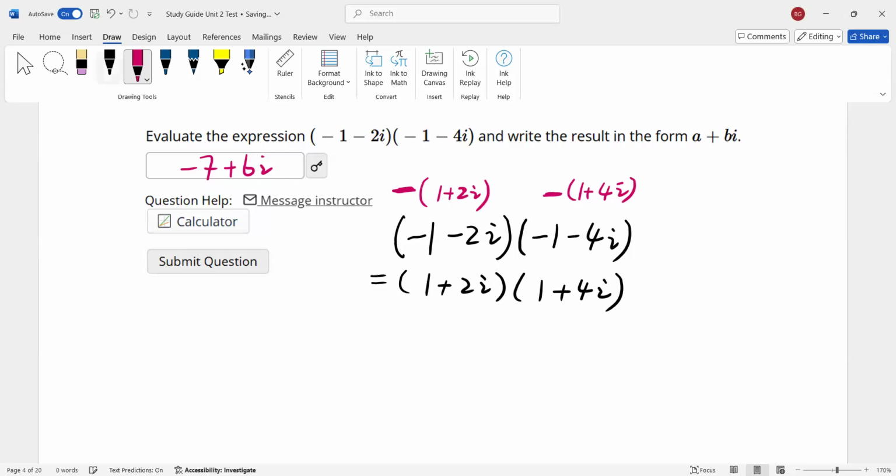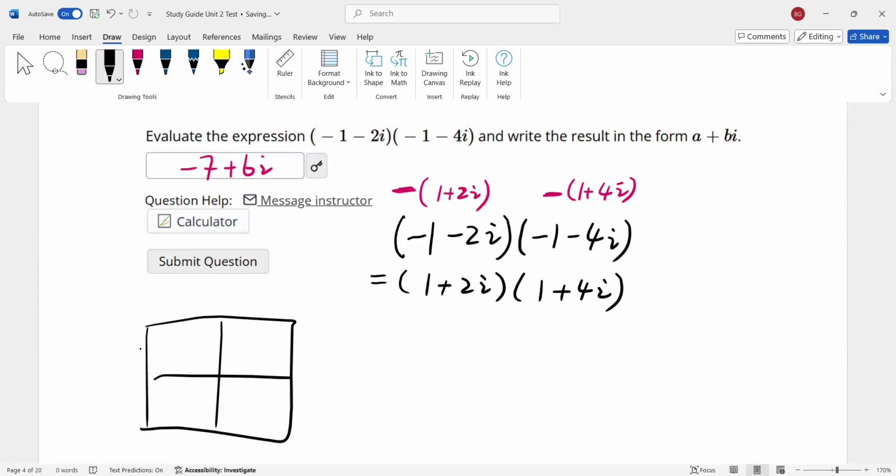Okay, so let's use the box method. If you like to use the box method, this is how we do it. 1 plus 2i here, 1 plus 4i here. And we're multiplying, right? 1 times 1, 1 times 4i, 1 times 2i, 2i times 4i, 2 times 4, 8. i times i is i squared. i squared is negative 1, so negative 8.